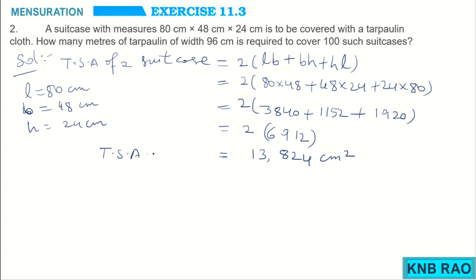You now know the cloth required to cover one suitcase, whereas if you want to find the surface area of 100 such suitcases, you need to multiply this number by 100.